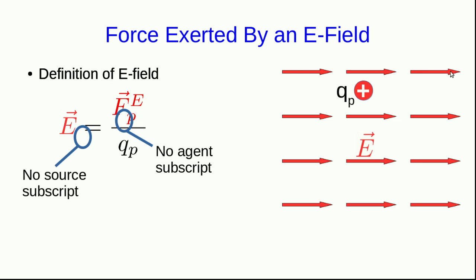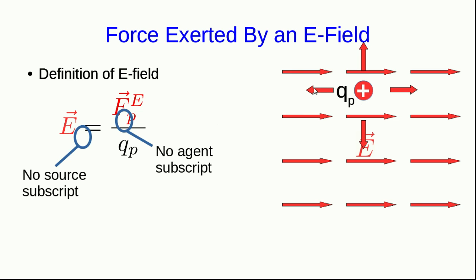What's going on here, as I talked about before, is that we're thinking of the field as being the thing that exerts a force on this charged particle. This field, of course, must have some source. There are source charges somewhere else, and those are actually the agents of the electric force on this charge. However, we're ignoring them, and we're just thinking of the field itself as the agent of that force.